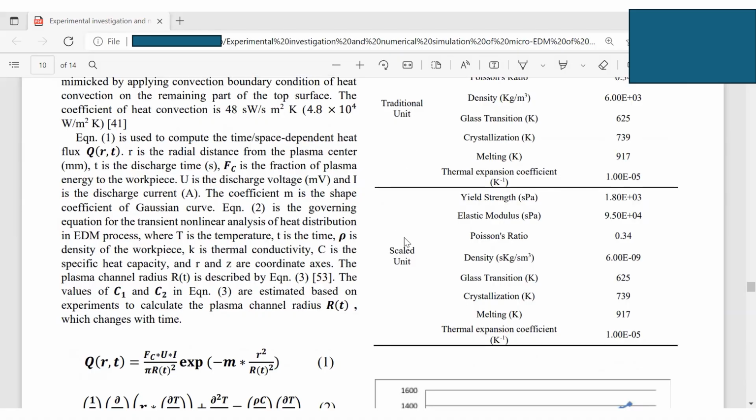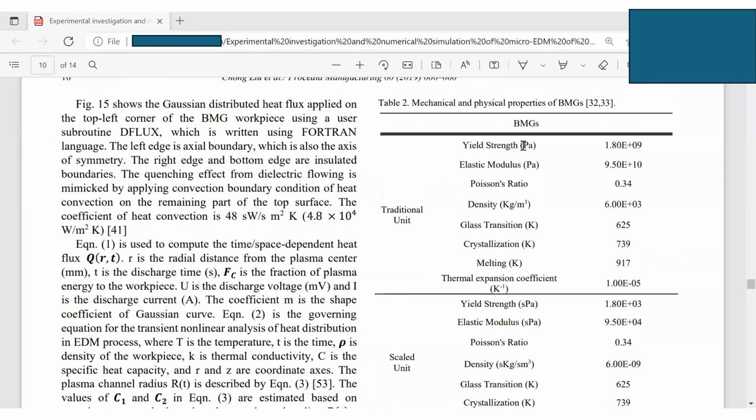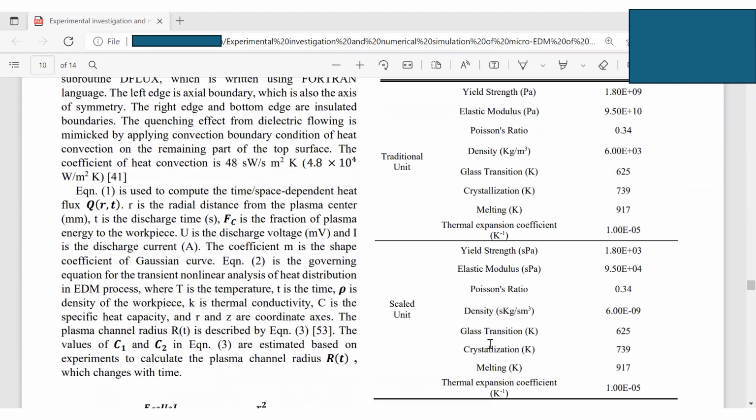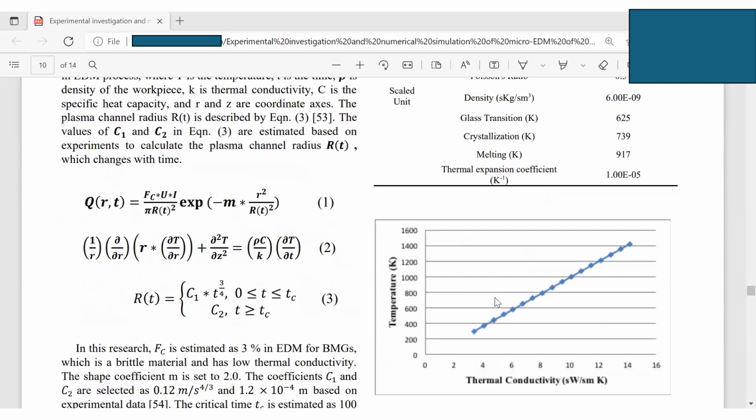One is traditional, and one is a scaled unit. And why do we need the scaled unit? Because we are handling the micro scale. But Abaqus itself does not have units, and you need to specify these units by yourself. So this is the traditional units, and then we use this scaled unit, and the scaled unit is for the micro scale model.